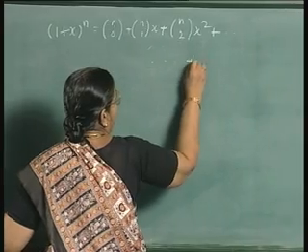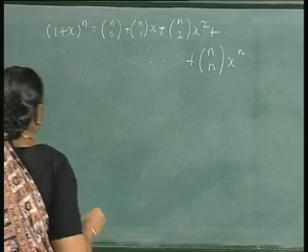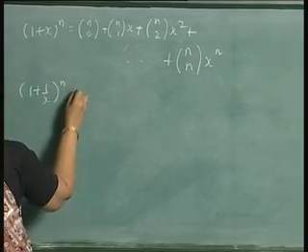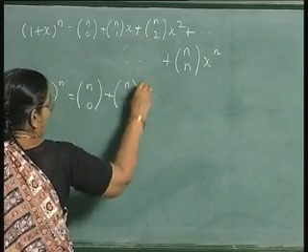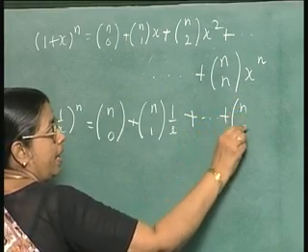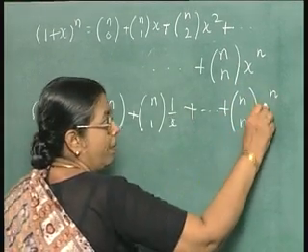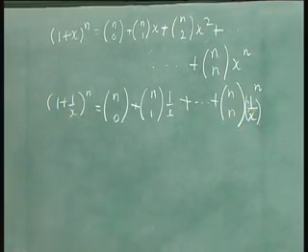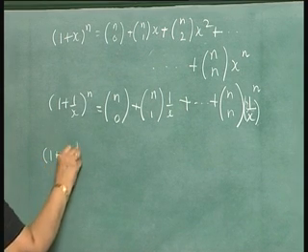Look at (1 plus 1 by x) power n, that is equal to nC0 plus nC1 into 1 by x plus etc. plus nCn into (1 by x) power n. Now, if you multiply these two, you consider (1 plus x) power n into (1 plus 1 by x) power n. You have to multiply this whole thing by this.